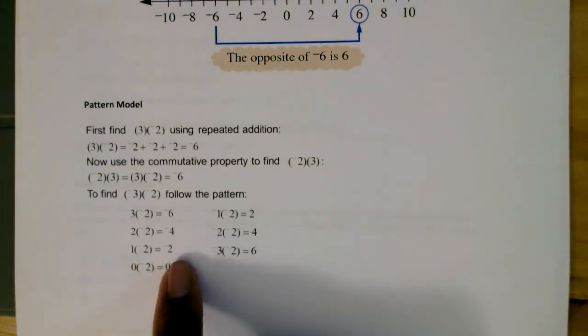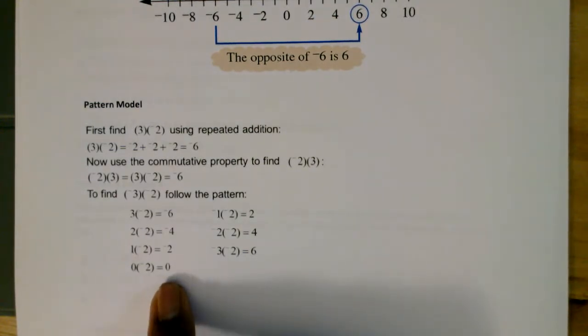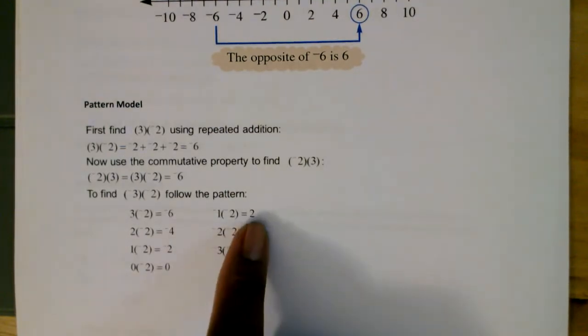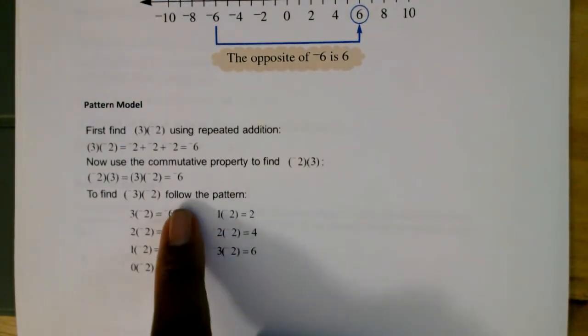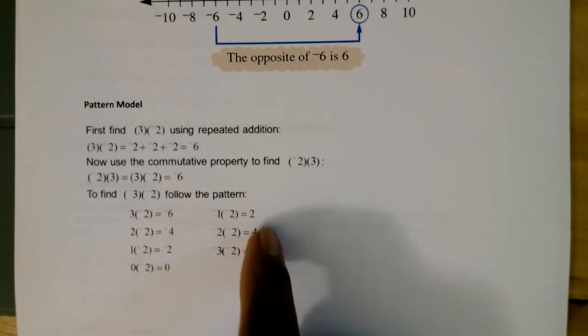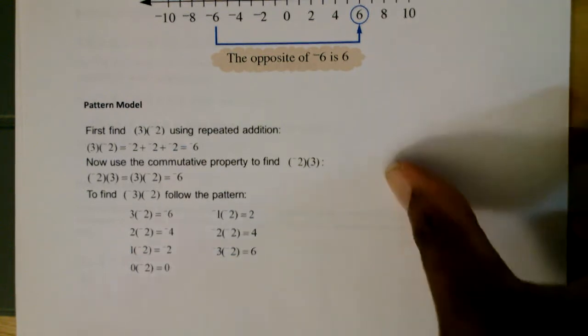Then 1 times -2 would be -2. 0 times -2 would be 0. And then for -1 times -2, it will have to be 2, because we're moving along 2 places each time from left to right. So pretty much you can see what the pattern is.